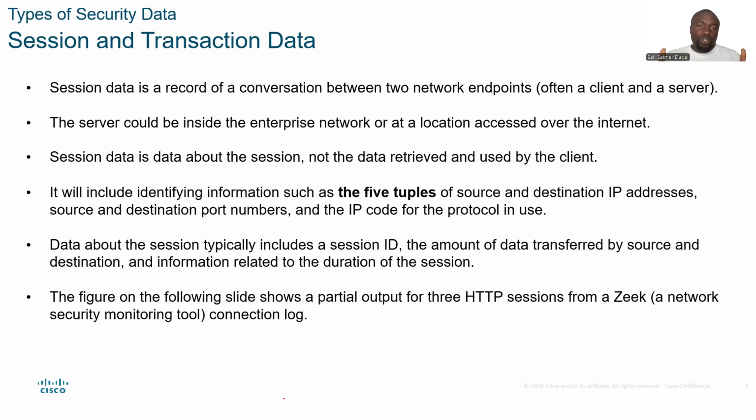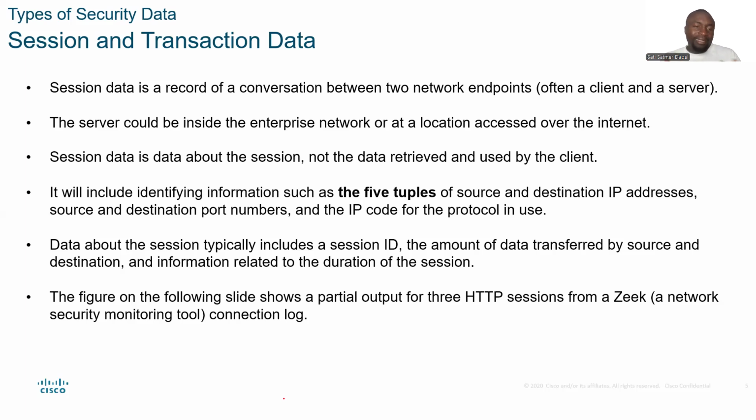So session data is about the session, not the data retrieved and used by the client. It's just about the session. It will include identifying information such as the 5-tuple: the source and destination IP addresses, the source and destination port numbers, and the IP code for the protocol in use.